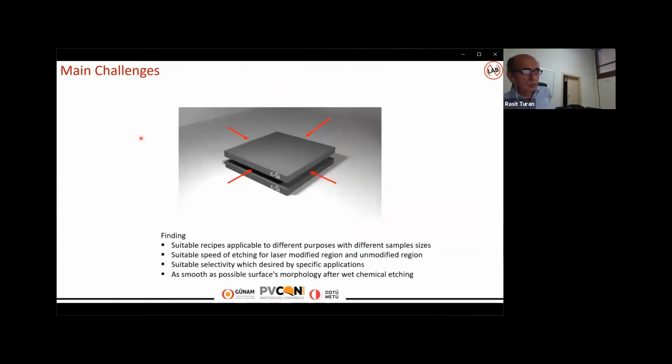Our main challenge in this work is finding a suitable recipe applicable to different purposes with different sample sizes, and a suitable etch rate for the laser-modified region and unmodified part. Also the selectivity is important, as desired by specific applications. And providing less damage on the crystal silicon and better quality of surface morphology is important.